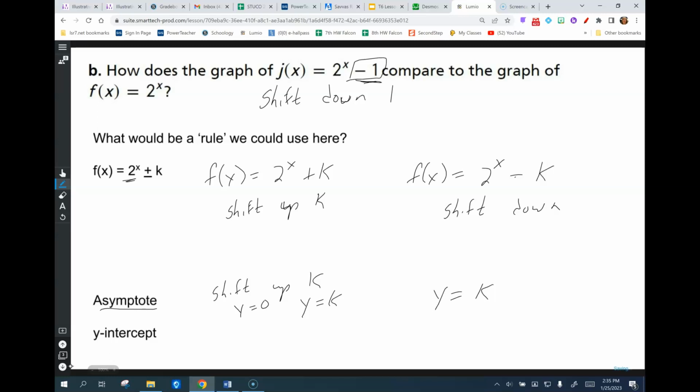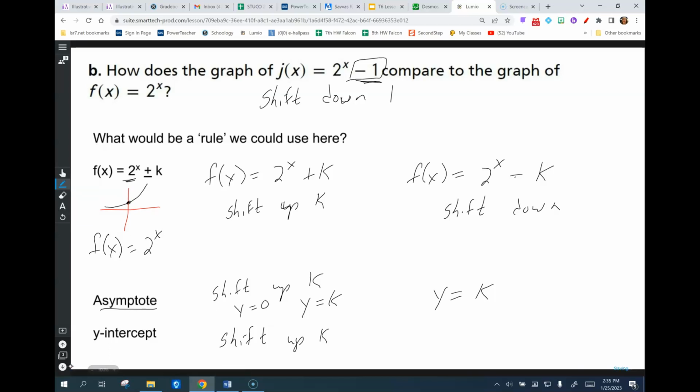Does my y-intercept change? Yes. It also shifts up k. Now your y-intercept for your parent function, f of x equals 2 to the x, think about what that is. Let's just sketch it. This is what it looks like, right? What's my y-intercept?